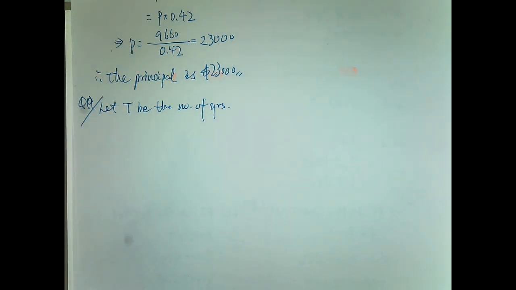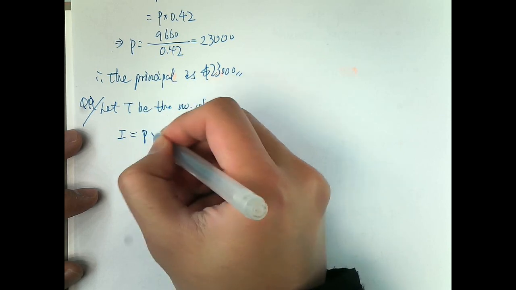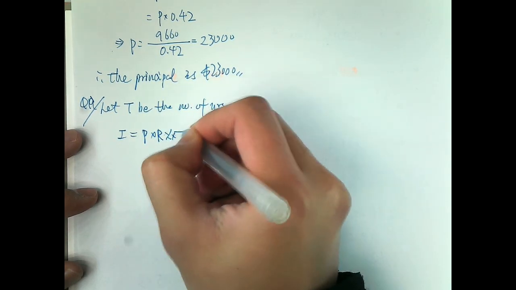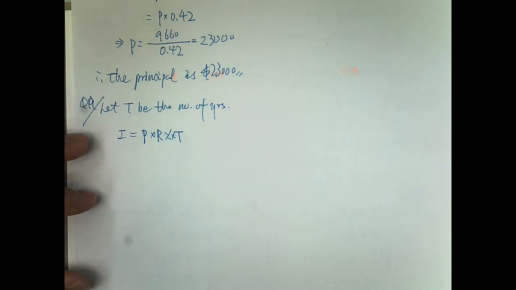So just look at what information you have here. You have the P, right? R percent, right? You have the I, but you don't have the A, right? So you don't use the A formula, but use the I formula. Okay, the I formula will be like this, just the same as before. This again, understand? So just plug in.